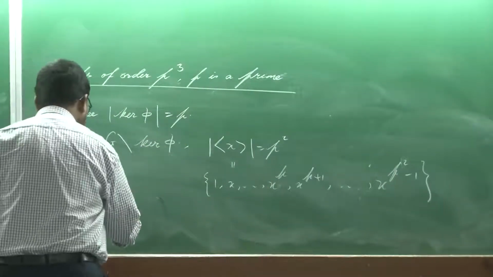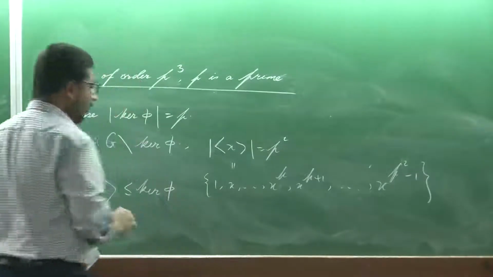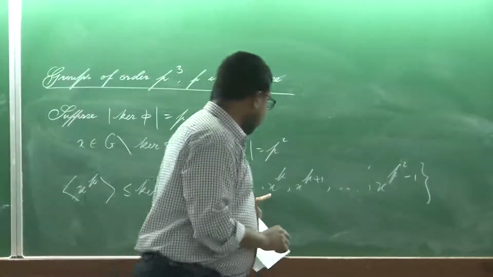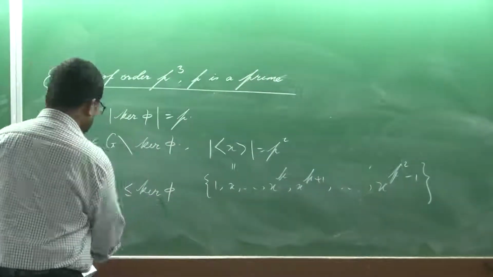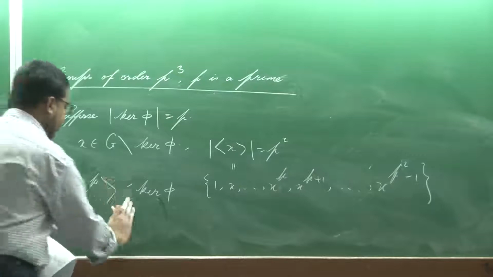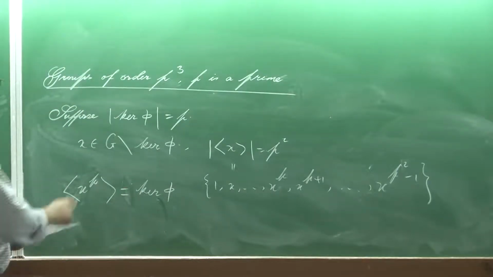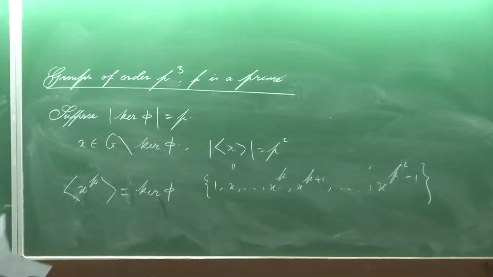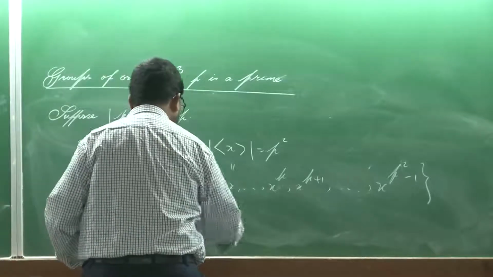So the subgroup generated by that is contained inside the kernel of phi, and the subgroup generated by x^p has again order p. So both of them have order p, hence they must be the same. So this holds for any x lying outside the kernel, and this also shows that the kernel is contained inside this subgroup.